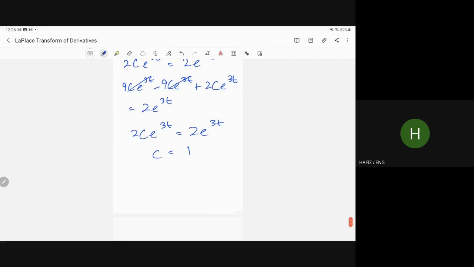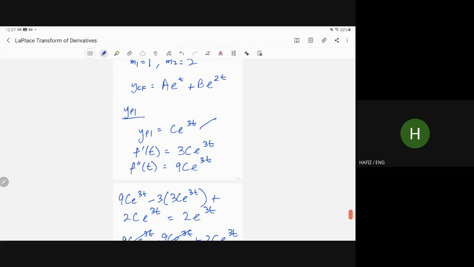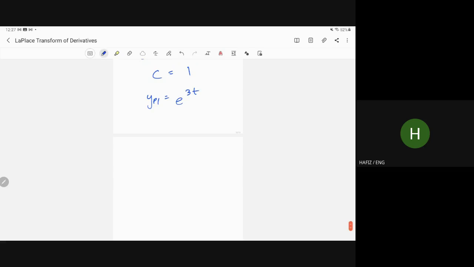Okay, so now that C is equal to 1, you know that YPI is equal to e^(3t), because C is 1 from here. Okay, so now you have your YCF, your YPI. So your total y is YCF plus YPI. Okay, so that's equal to Ae^t plus Be^(2t) plus e^(3t), right?